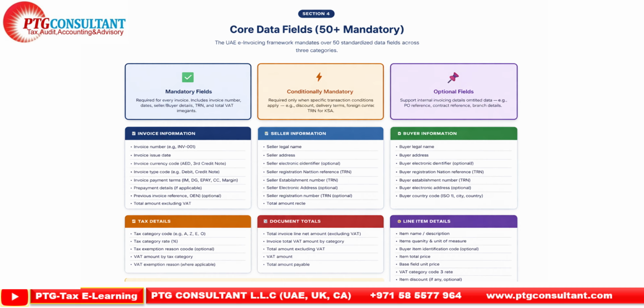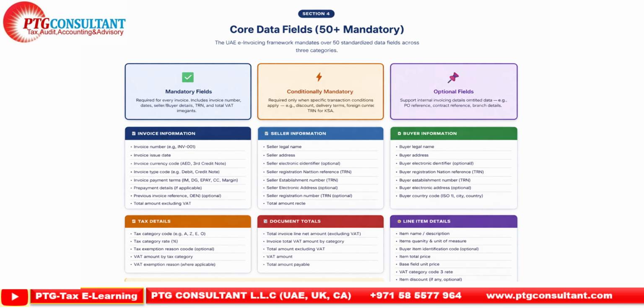The 6 data categories are invoice information, seller information, buyer information, tax details, document totals, and line item details. An important note: 15 fields highlighted as mandatory under UAE PINT are not currently addressed in the UAE VAT law.